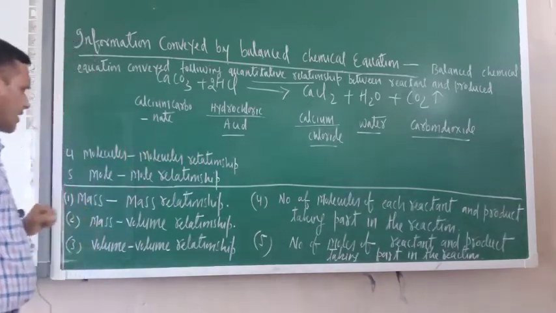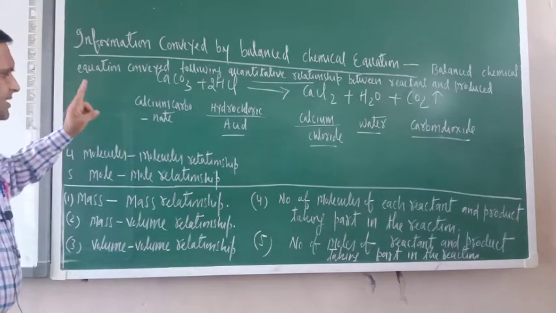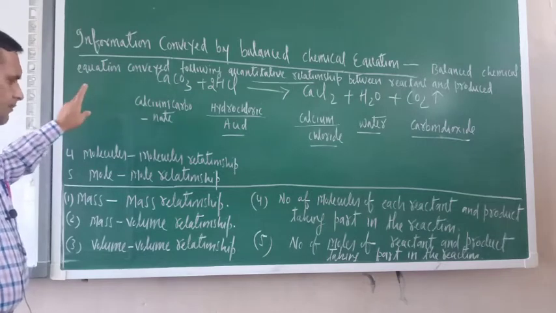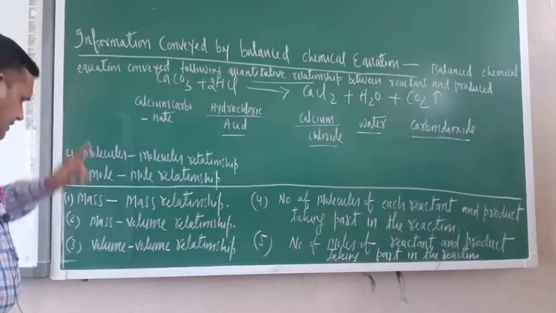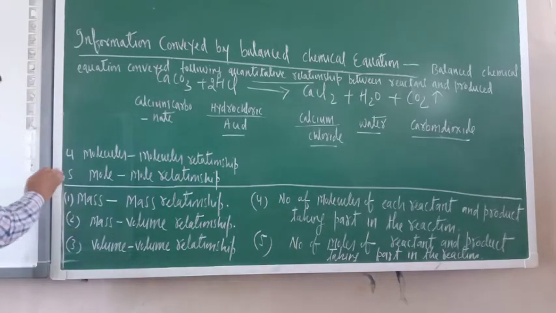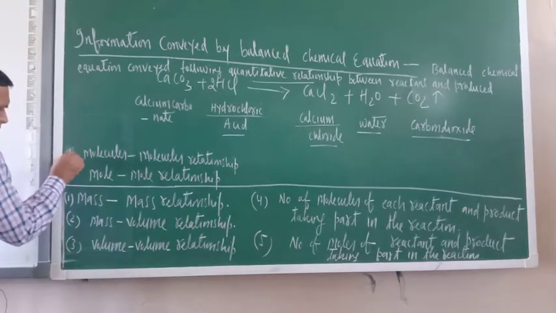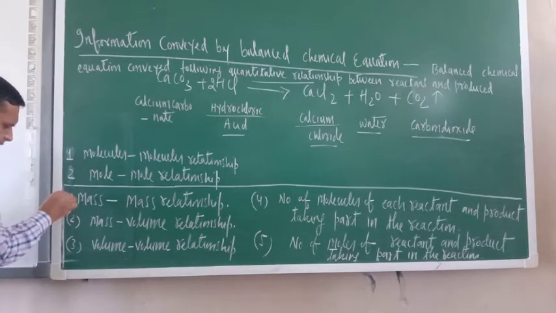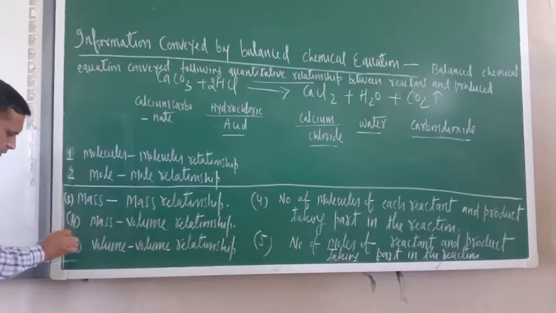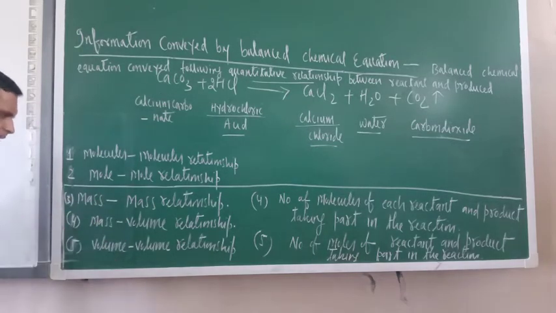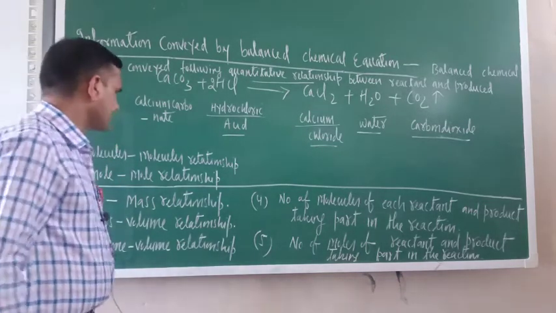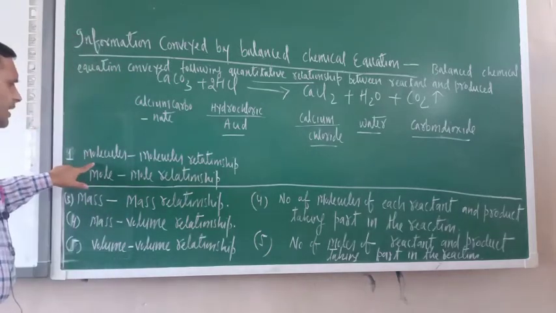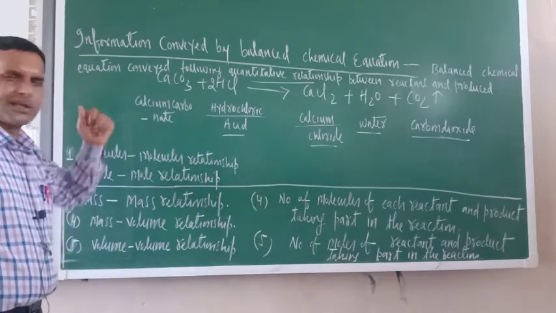Now just see. A balanced chemical equation gives the following information. Number this one 1, this one 2, this one 3, this 4 and this 5. The first information conveyed is the molecules relationship.